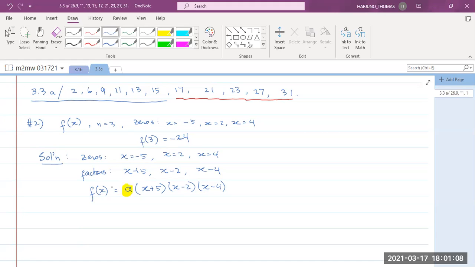Then we plug in f(3). f(3) is equal to -24, right? But at the same time, when I say f(3), it means I input 3 into the function.